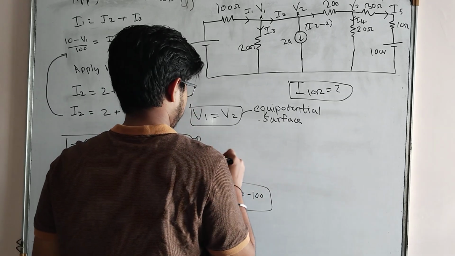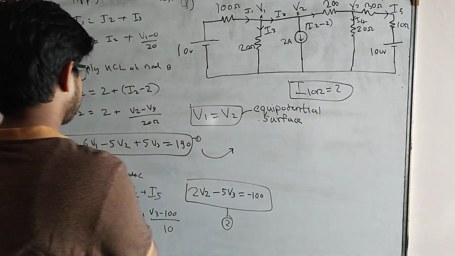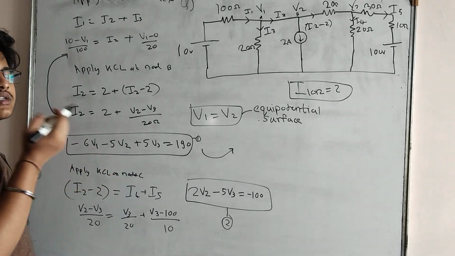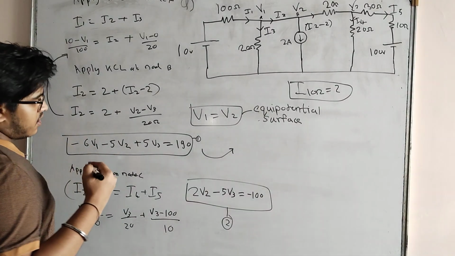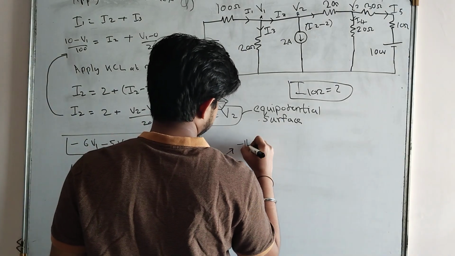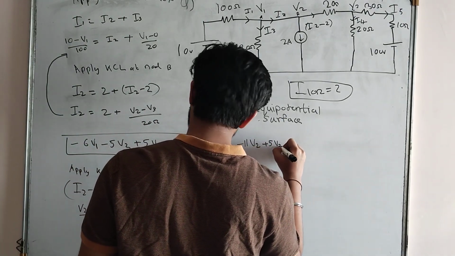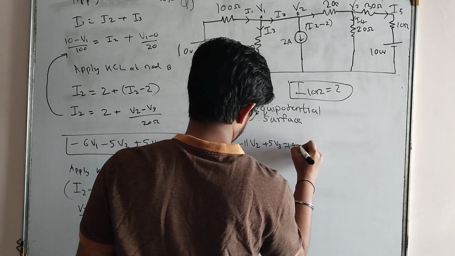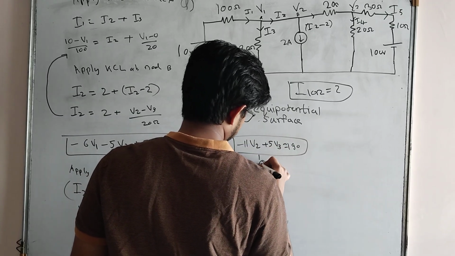So this equation again gets reconverted. V1 is equal to V2, so we will consider two equations in V2 and V3. On solving we will get minus 11 times V2 plus 5 times V3 is equal to 190. Okay, so I will name this as equation number 3.